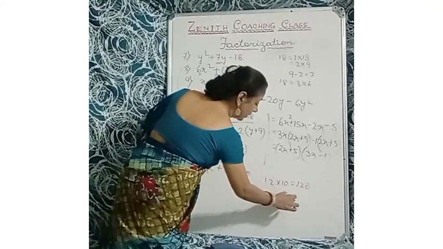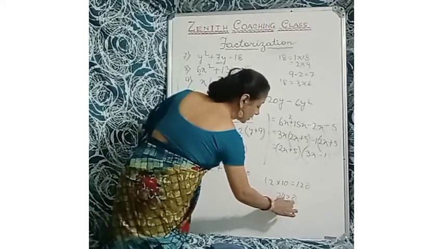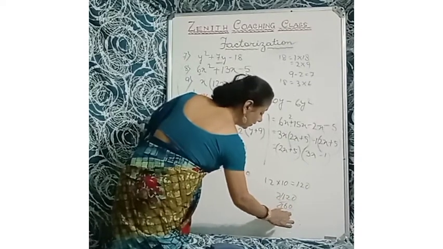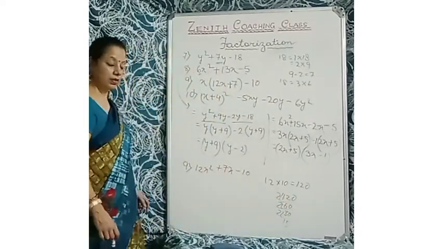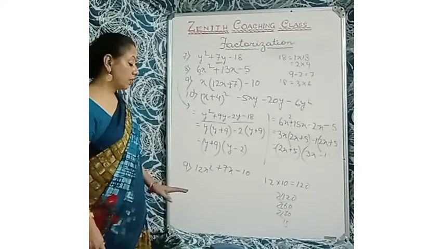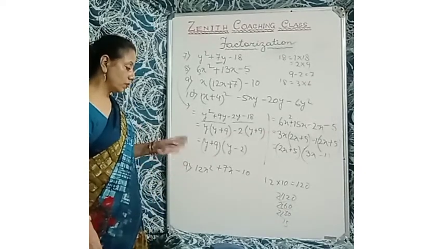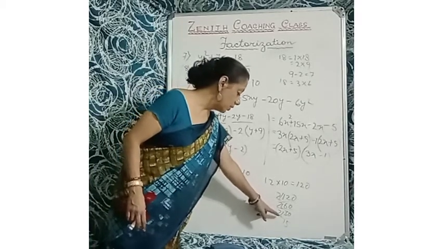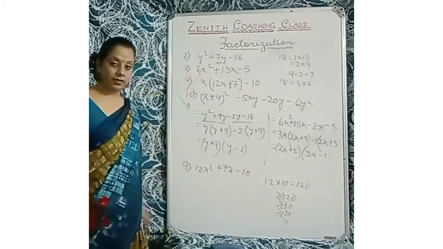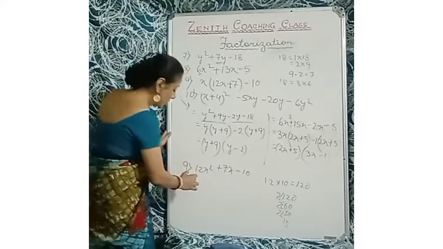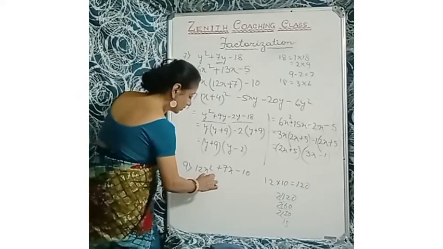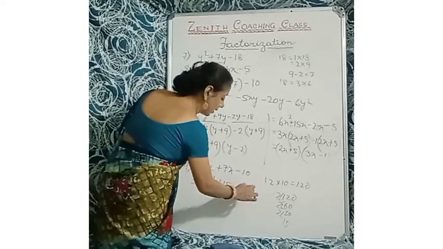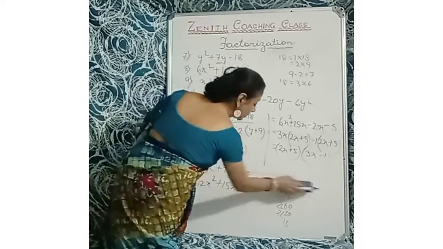So factorize 120. 2 times gives 60, 2 times gives 30, 2 times gives 15. I will not factorize again because I just took out the answer. 2 twos are 4, 4 twos are 8. So 15 minus 8 is 7. So 12x square plus 15x minus 8x minus 10.